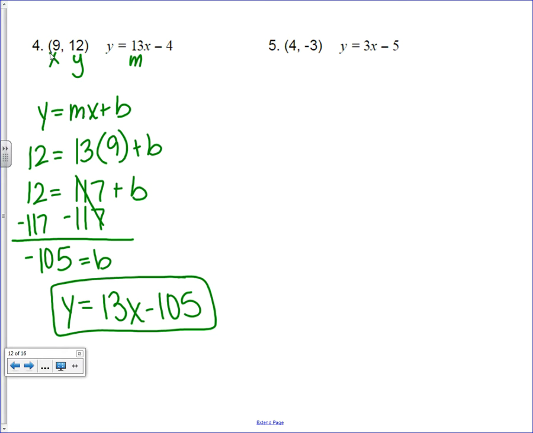All right, I got one more in this section. Tyler, I'm back to you. What's my x? I'm on number 5. There we go. And my y? And my m. All right, let's plug it all in. What's that equation going to look like? Perfect.